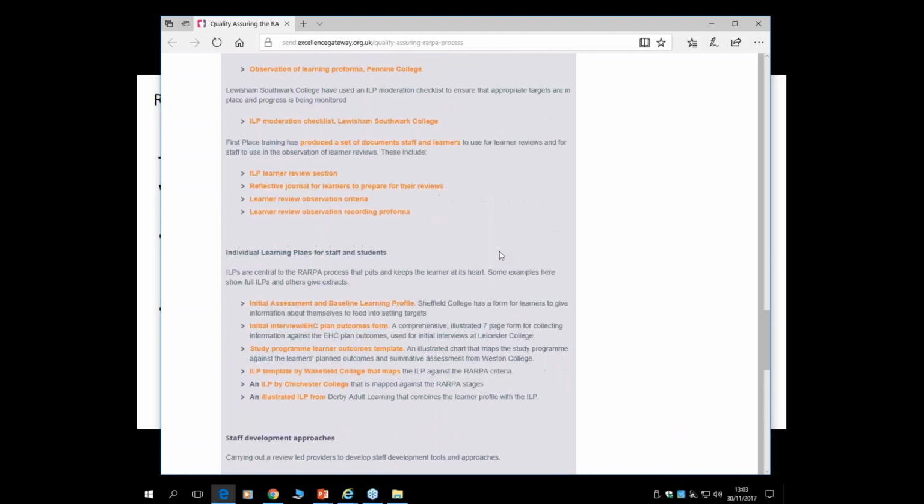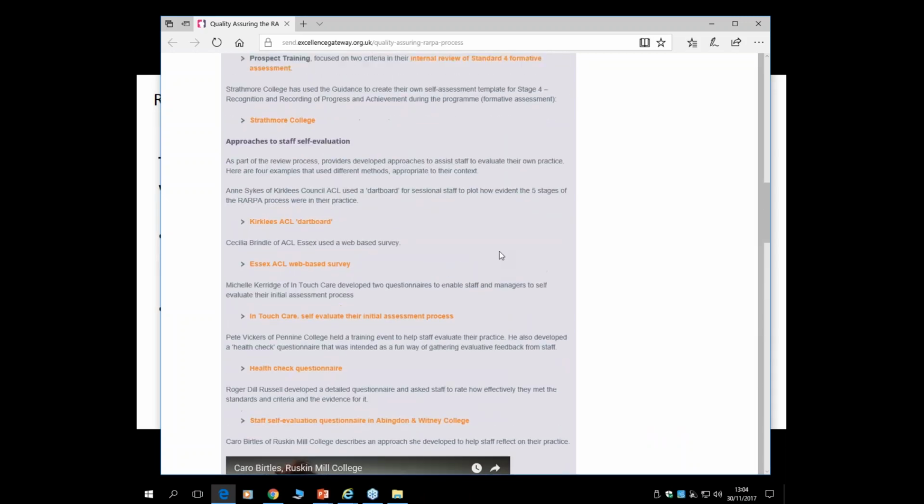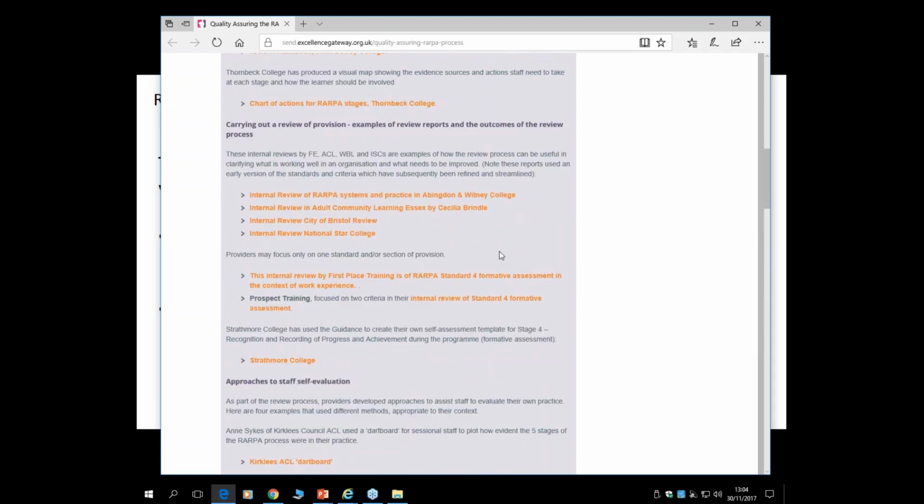There are some tools down here that will help you look for more information on RARPA. There's a lot of material on your moderation processes, looking through the stages, and just to give you different ideas to some of the ones that I've given you here.